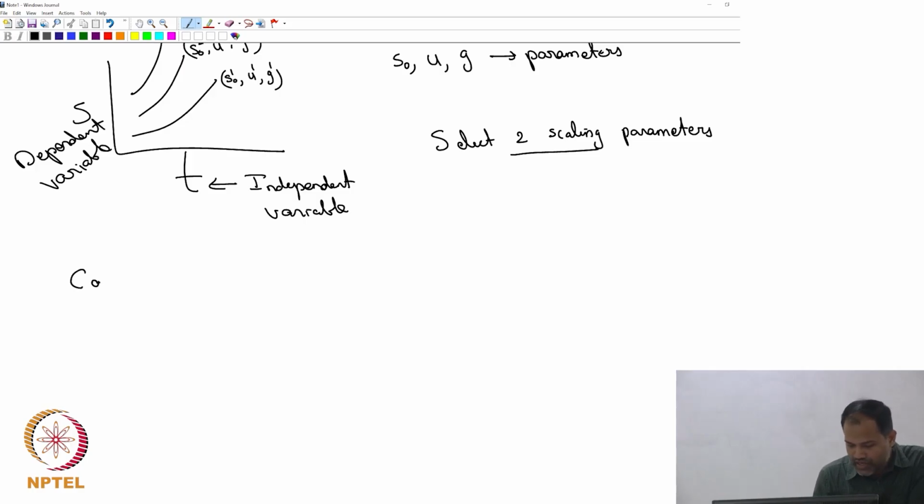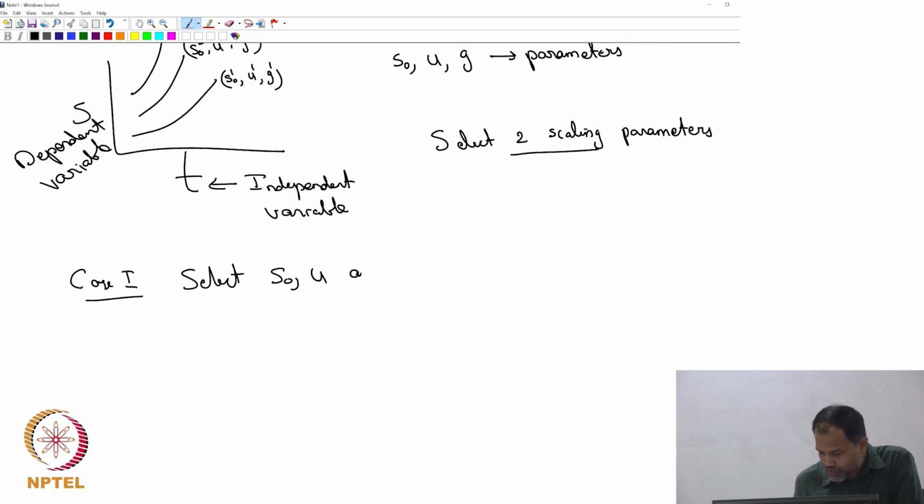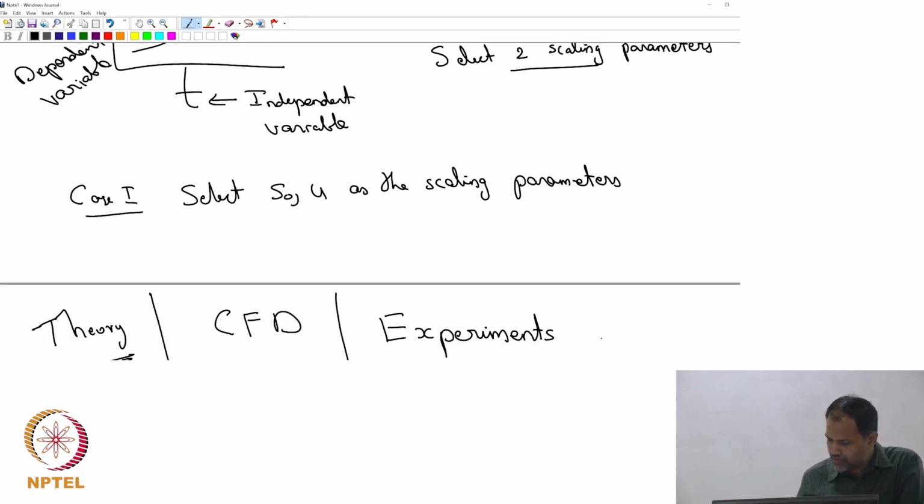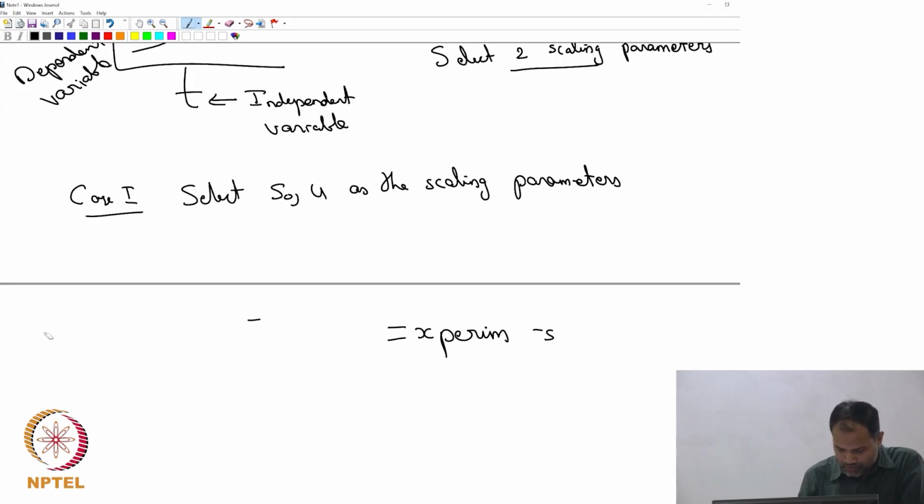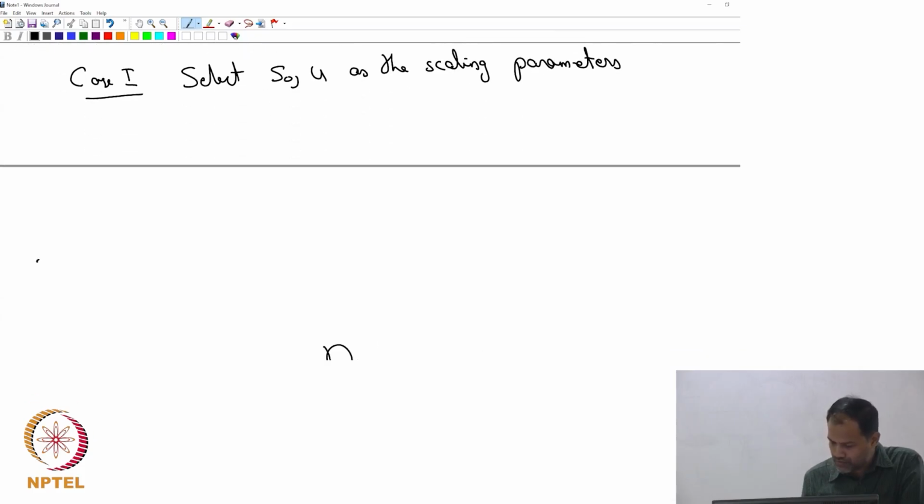So let's say in case 1, select S0 and we used U as the scaling parameters. Okay, so that means I'll define my S star is equal to S divided by S0.